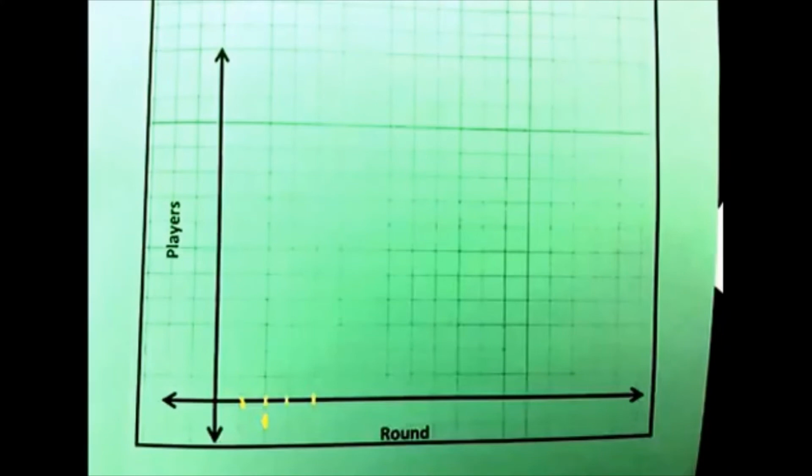Then I'm going to skip the third box, go to the fourth box, and mark it 2. Skip, and then mark it 3. Skip, 4. Skip, 5. I'm going to keep going. Skip 6, skip 7, skip 8. I like to fill it in all the way across. We can always continue the pattern even though our table stopped when we go to make our points. On the y-axis, I used every box as 10 because the biggest number we have is 128, so I need to be able to get to 130.